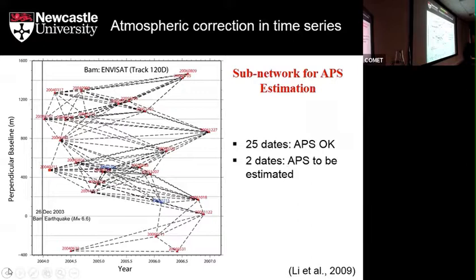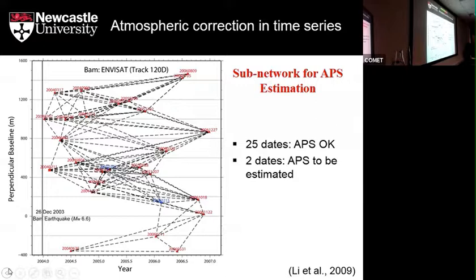But there are 2 days when the MERIS data is not available. So we can use this network to estimate the atmospheric errors on these 2 days. This is the estimated atmospheric errors on these 2 days. This is one example. This is estimated atmospheric errors on the interferogram. This is before correction and after correction.